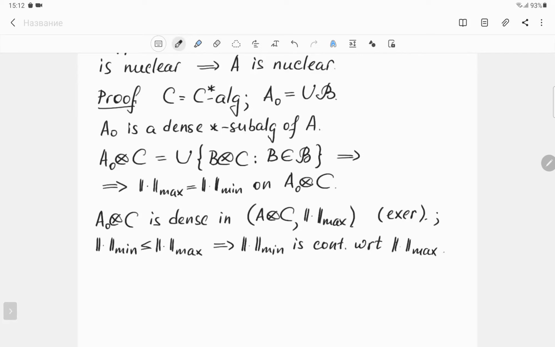So we have two norms, min and max, on the same algebra A tensor C, and min is less than or equal to max, and they are the same on the dense subalgebra A0 tensor C. So by continuity, they are the same everywhere.